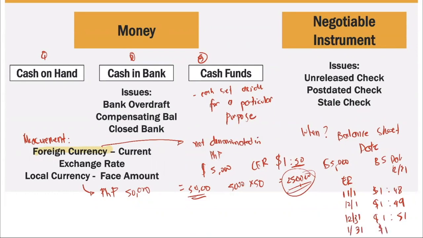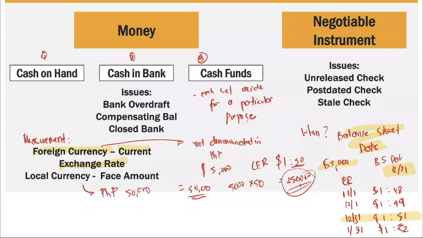January 31, $1 is to 52. Okay. So if we have a foreign currency, which is now 5,000, when do we measure it? At its current exchange rate. The current exchange rate is measured at balance sheet date. So what is our balance sheet date? December 31. So look at the exchange rate on December 31. That is the amount of our measurement of your foreign currency.